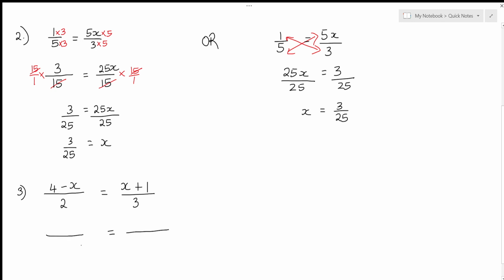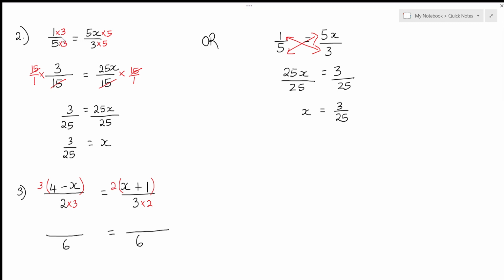My lowest common denominator is going to be 6, right? Because 2 and 3 can both divide into 6. So 2 times what will give me 6? We multiply by 3 here, therefore we need to multiply the top by 3. 3 times what would give me 6 here? We're going to multiply by 2 here, therefore we multiply the top by 2.